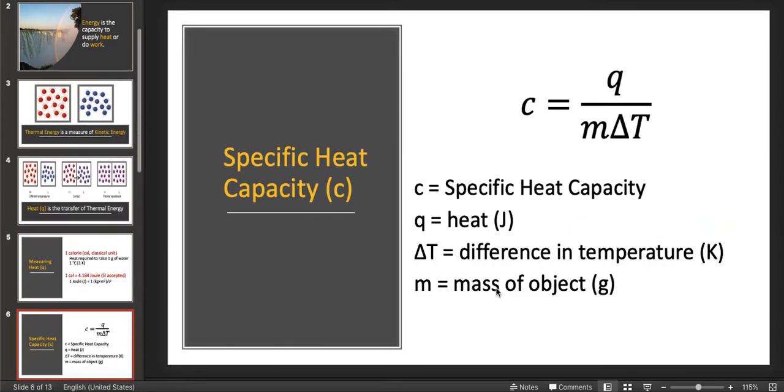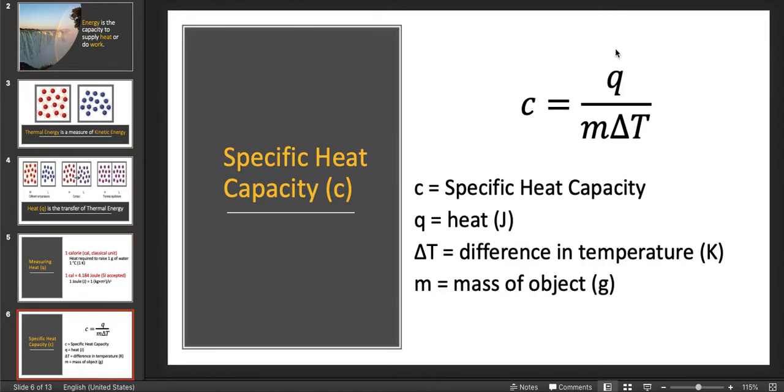How does heat vary by substance? Okay, we talk about the specific heat capacity, little c, or specific heat. The specific heat is dependent on the type of substance that is measured. So every substance has a different specific heat capacity. That's why it's called specific. And obviously it depends on the particular substance.